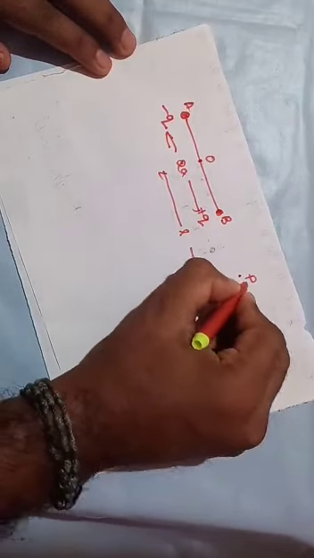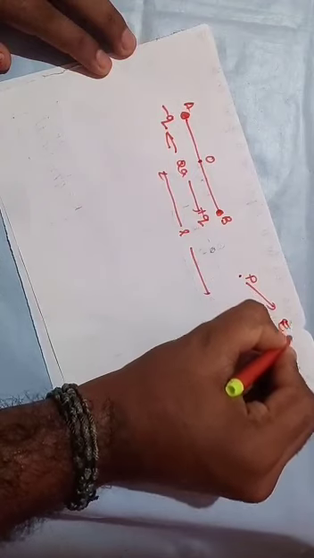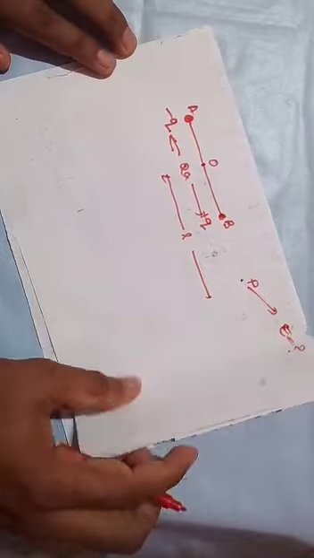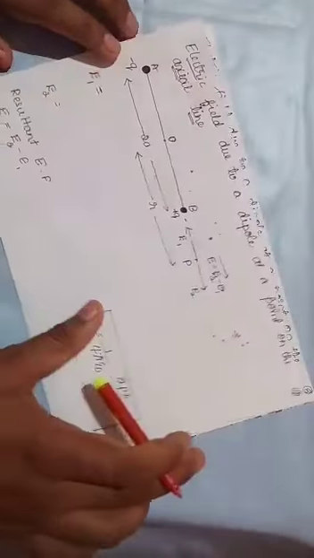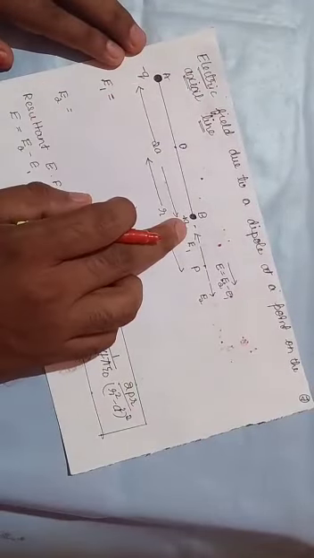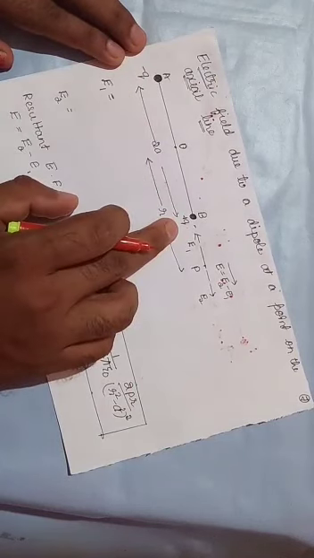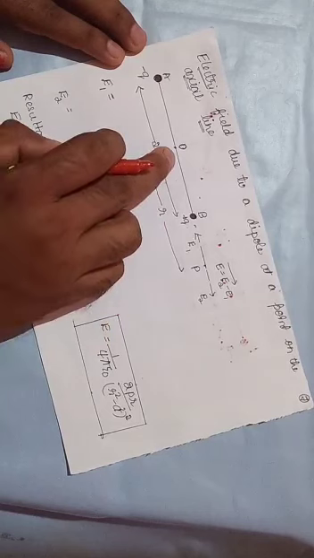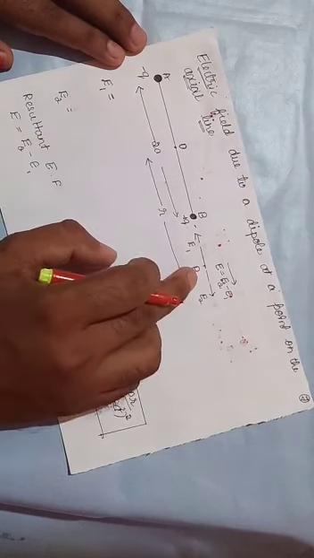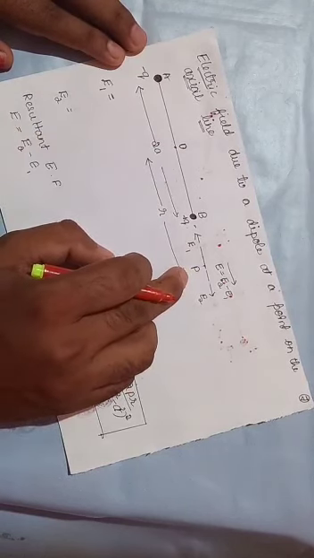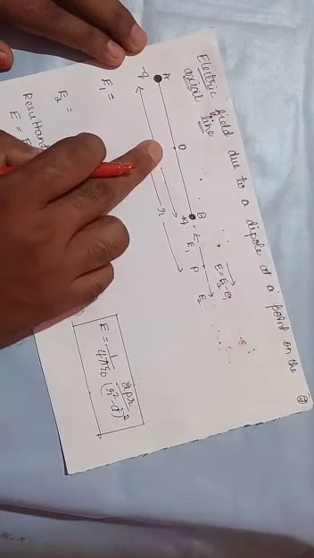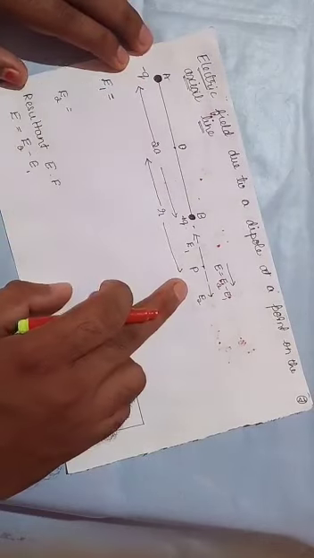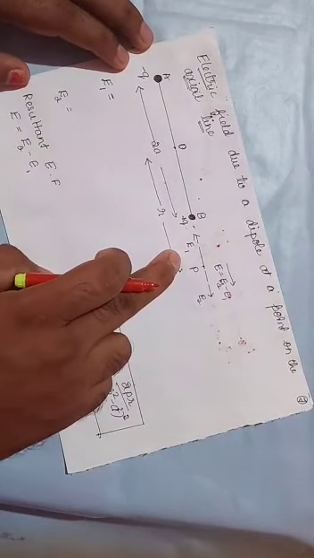Now we have to find the electric field at this point. By generalizing, we get the diagram like this. AB is the dipole, minus Q and plus Q. The distance between the two charges is 2a. O is the midpoint. Let us consider the point P at a distance r from O. Electric field due to the minus Q charge is E1.